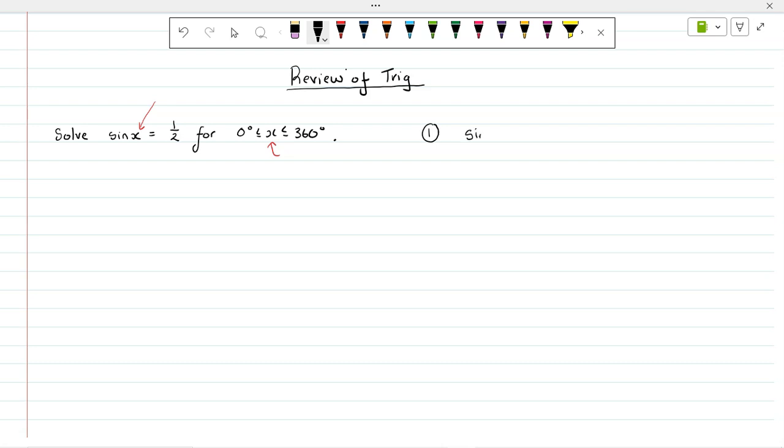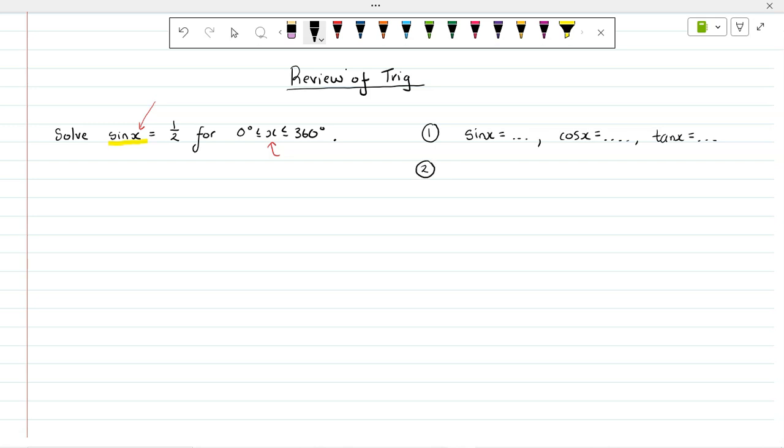So you're either going to have sine x is equal to some value, cos x is equal to some value, or tan x is equal to some value. Luckily in this case, sine x is already the subject of this equation, so we don't have to manipulate it in any way.